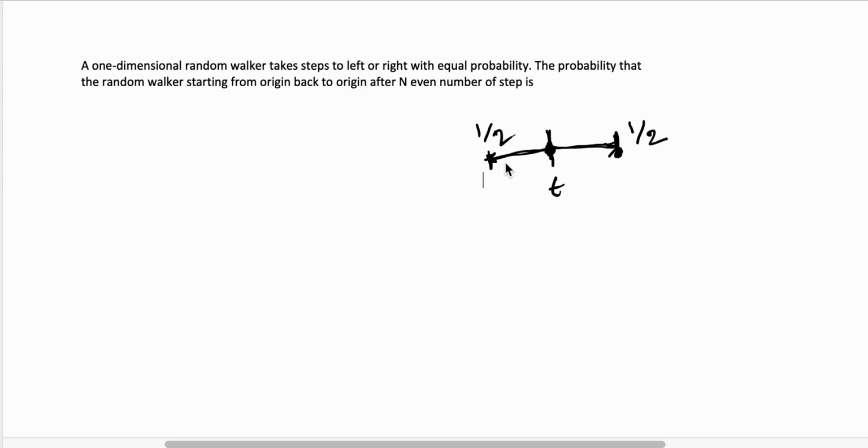Or you can think of it like this: the guy doesn't want to move straight, he just wants to toss a fair coin, and if the coin comes up head, he will go toward the right, and if the coin is tail, he will go to the left.